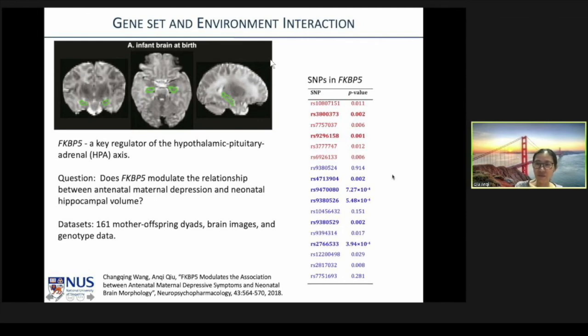If you look at individual SNPs in these particular genes, some of the SNPs have a positive association with outcome measures, and some have a negative association with outcome measures.